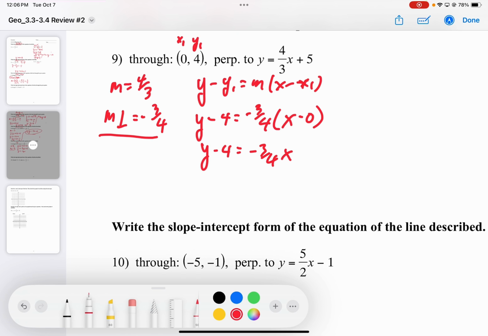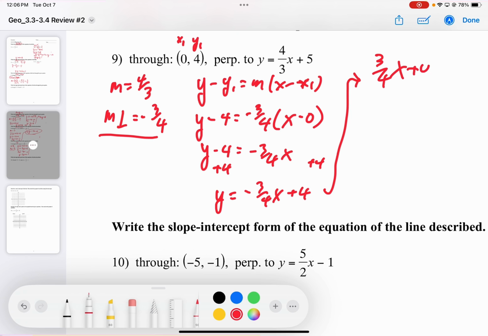Would you move stuff around? Would you get rid of the fractions? What would you do? We could add 4. Okay, I like it. y equals -3/4 x plus 4. Or add 3/4. And then add 3/4 to the other side? Okay. 3/4 x plus y equals 4.